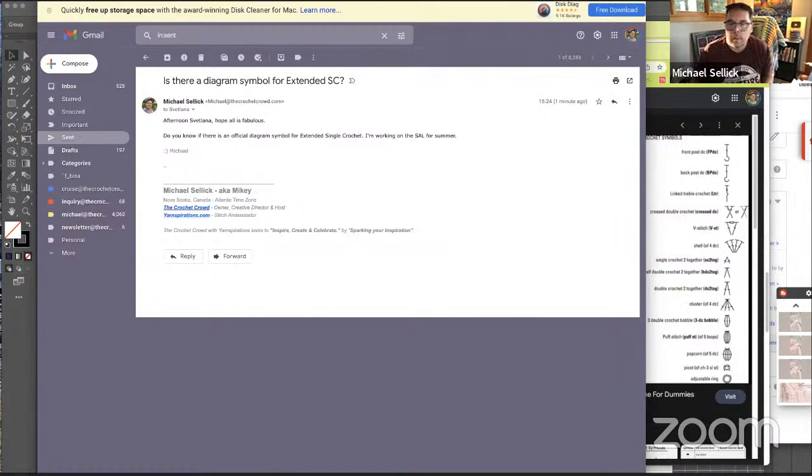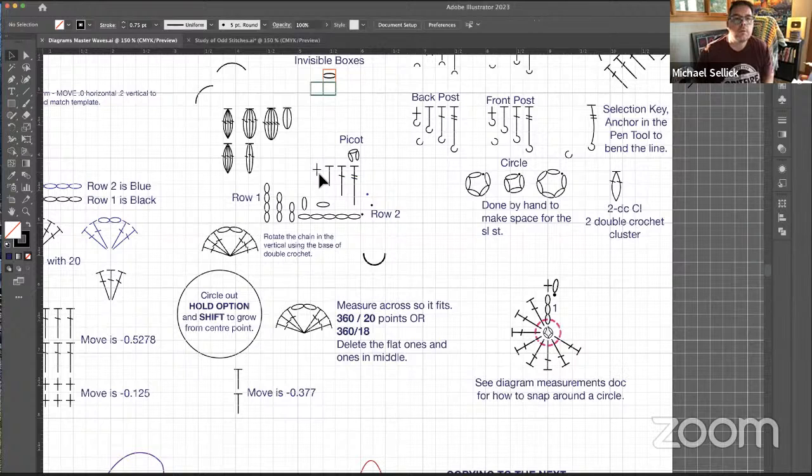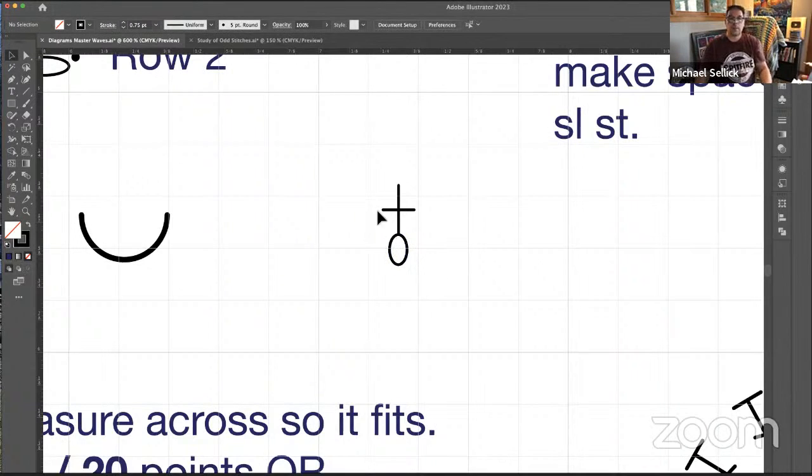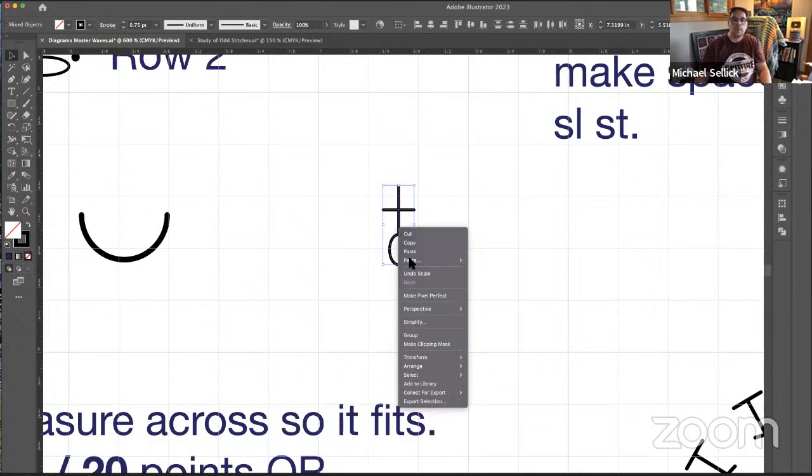Okay. So let's make an extended single crochet. It's got a chain.